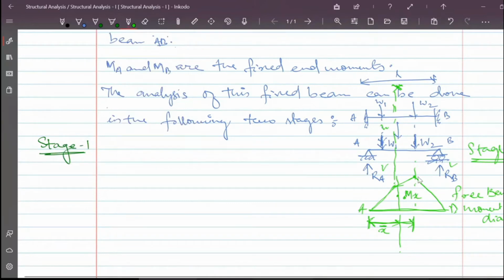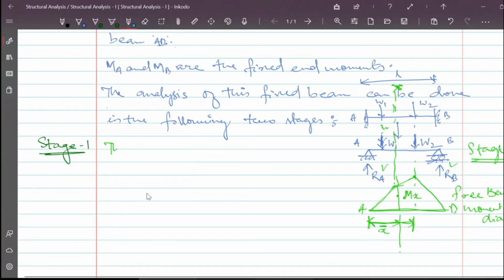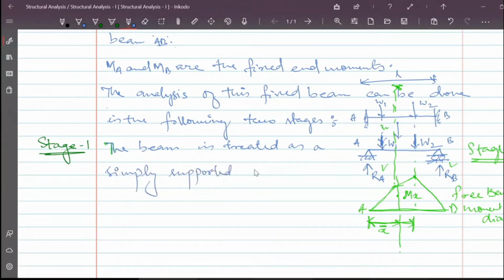So here we can write like this. The explanation part for this stage 1: the beam is treated as a simply supported beam carrying point loads W1 and W2.